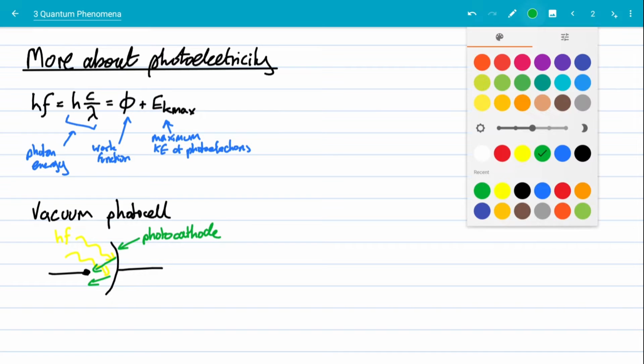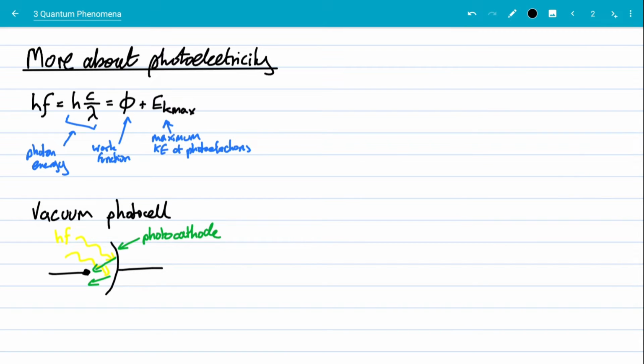And last session, we learned that if we put a potential difference across the vacuum photocell, like this, in this particular polarity, and connected a voltmeter, we could measure the potential difference that was necessary to stop the electrons reaching the other side of the photocell.